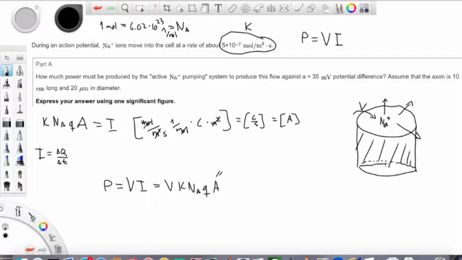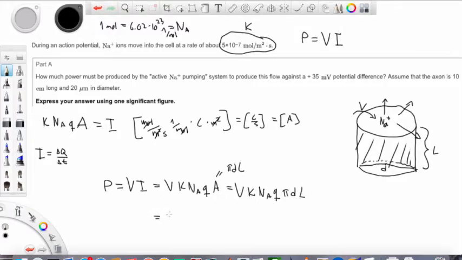So that's the diameter, and that is the length. So the surface area is the perimeter, which is pi times d, times the height, L. So we get voltage times K times NA times Q times pi d L.